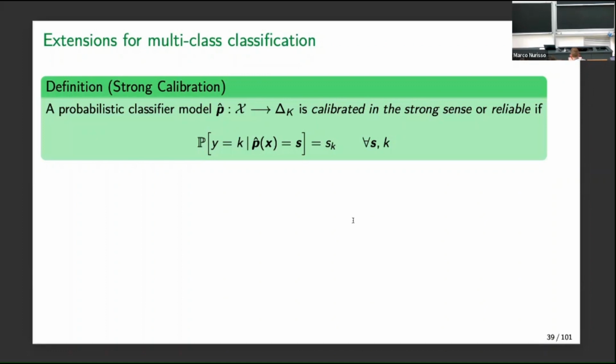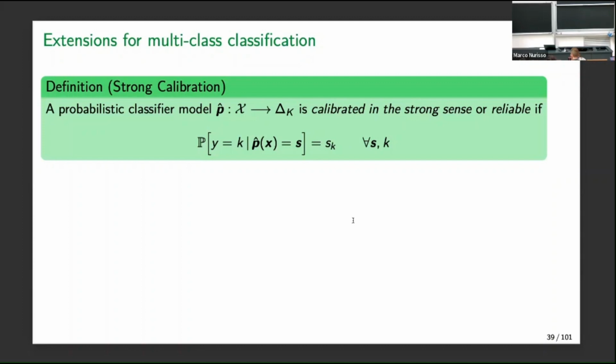So we say that for all the instances for which our predicted probability vector is the vector S, the probability that we observe class K in our data set needs to be the kth value of this vector, Sk. This is different from the previous definition, where we conditioned on all the probabilities of a given class needing to have a value. Now we condition on the whole probability vector simultaneously needing to have a specific value.